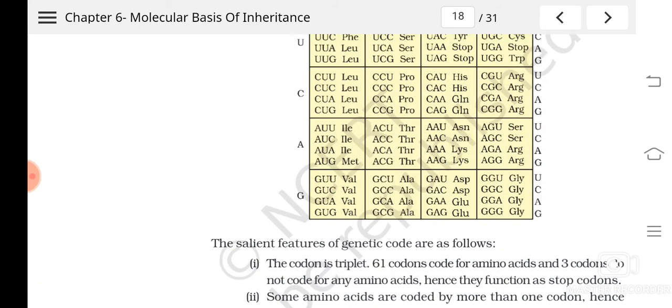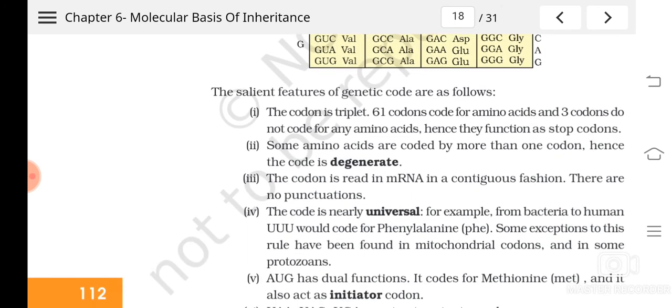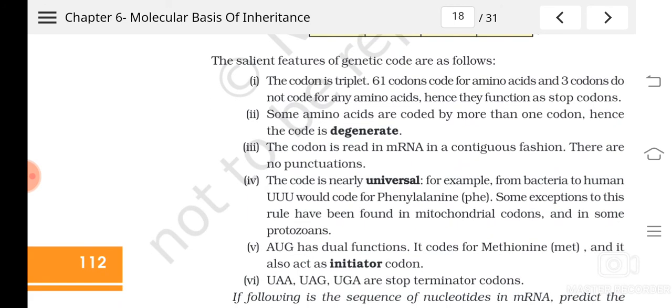What does degenerate mean? For example, leucine: the same amino acid can be coded by a number of codons, CUU, CUC, CUA and CUG. This property of the genetic code is known as degeneracy, and it is actually helpful. How? Because if a single nucleotide mutation happens, there may be no change in the amino acid.